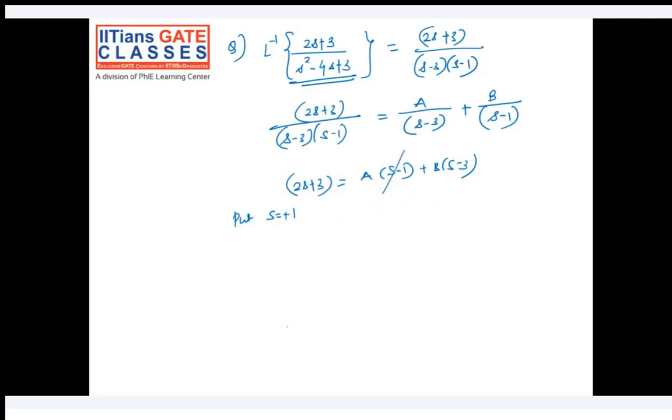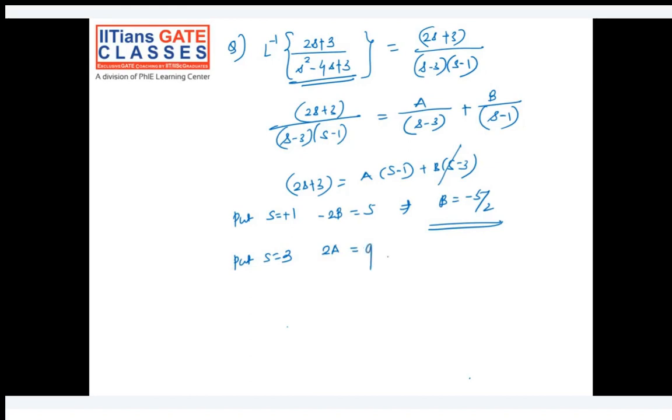So you can write minus 2B is equal to 5. This implies B is equal to minus 5 by 2. Okay. Now if you put s is equal to 3, this part will go. So 2A is equal to 9.